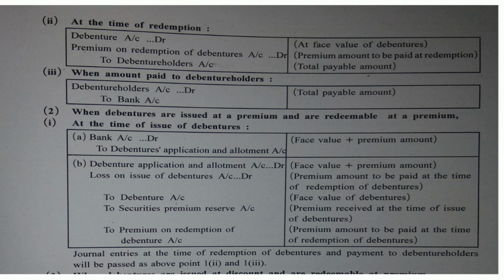Premium on redemption of debentures account also has been debited because this amount is also to be closed and transferred to debenture holders account. This amount of premium is also to be paid to debenture holders along with the amount of debenture. Yes? So debenture account debit, premium on redemption of debentures account debit to debenture holders account. Finally, when the amount is paid to debenture holders, debenture holders account debit to bank.